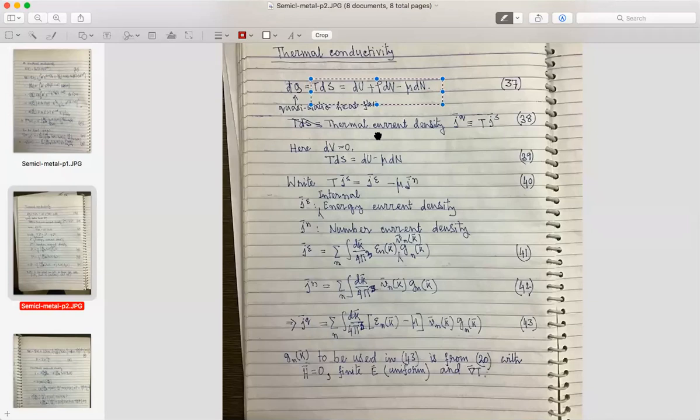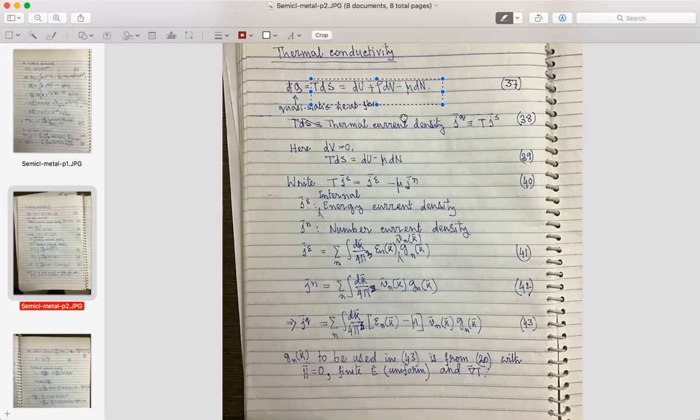Now these dU, dV, dN, etc., of course, are changes in the system, so these can be related to the flow of these quantities. dU is the internal energy, so change in internal energy can be related to the flow of energy in that region. dV, of course, is zero because the volume of the metal as a whole, or for that matter that small region, is not changing.